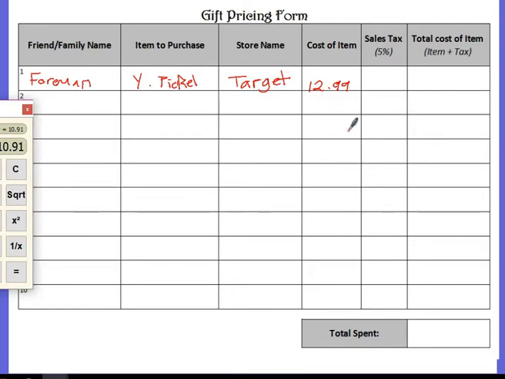All right, here's the gift pricing form. So am I still paying $12.99 for the pickle? No. I found it to be $10.39 and tax was 52 cents and the total cost was $10.91.